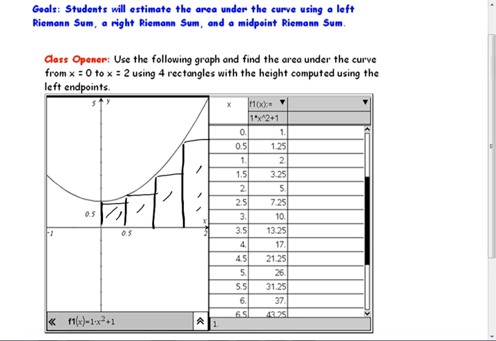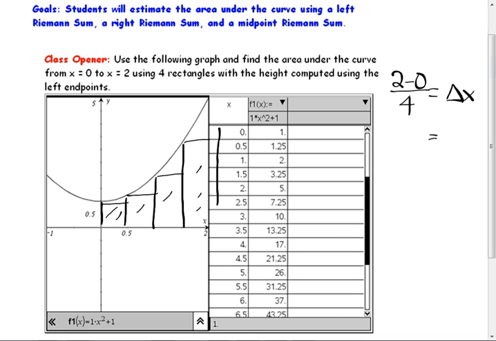Okay, I want to divide this into 4. So where is my first x? If I have 0 to 2, and I divide it into 4 rectangles, how wide is each rectangle?